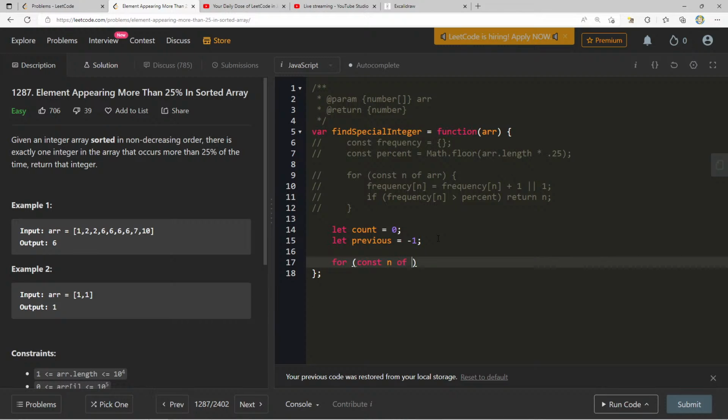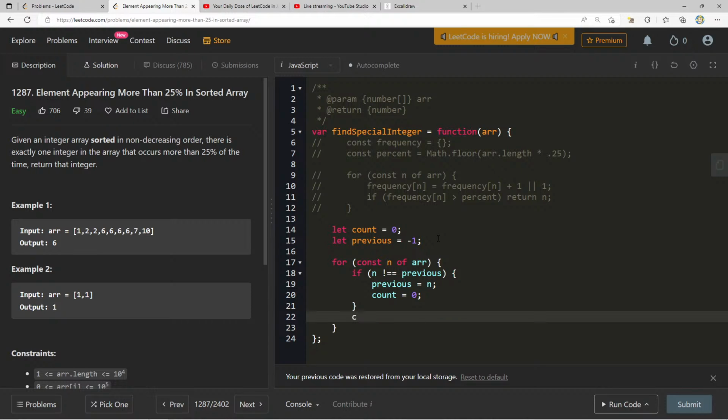For const n of r, if n is not equal to previous, then previous equals n, count equals 0. And now here, can we do count plus or equals 1? Let me just see how this comes up.